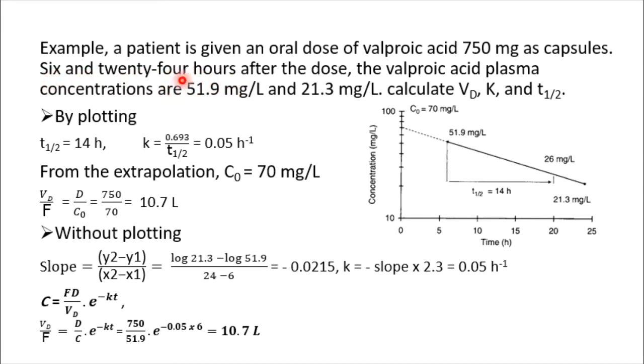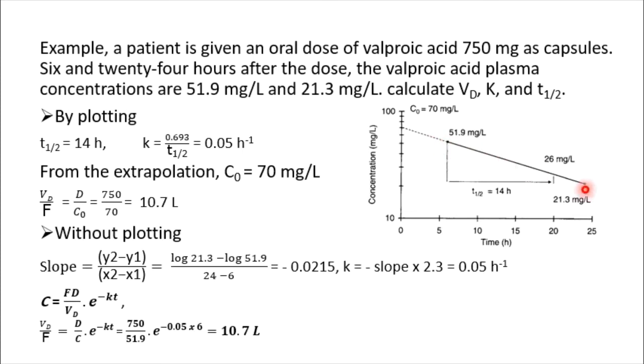51.9 and 21.3. We can plot these plasma concentrations on semilog paper, and we just draw a straight line between these two points, 21.3 and 51.9. This straight line represents the plasma concentration time curve.